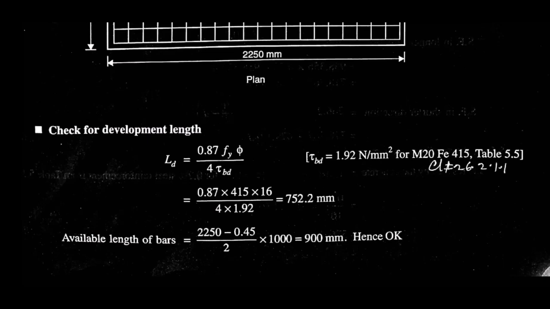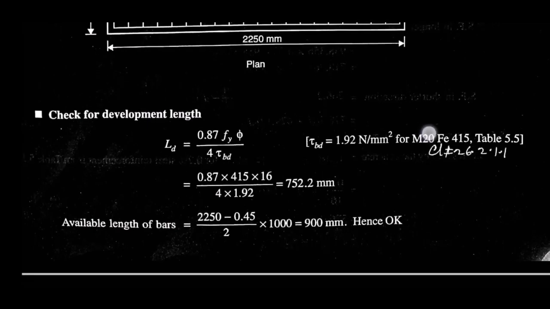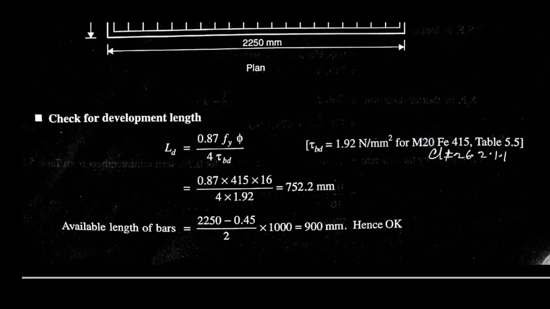Okay, so Ld is equal to 0.87 fy into phi by 4 tau bd, that is equal to 0.87 into 415 into diameter of bar 16 by 4 into tau bd, which is 1.92 for M20 concrete and Fe 415 steel as per IS 456 2000, that is equal to 752.2 mm, and available length of bars is 2250 minus 0.45 by 2 into 1000, that is 900 mm. So this is greater, hence okay.